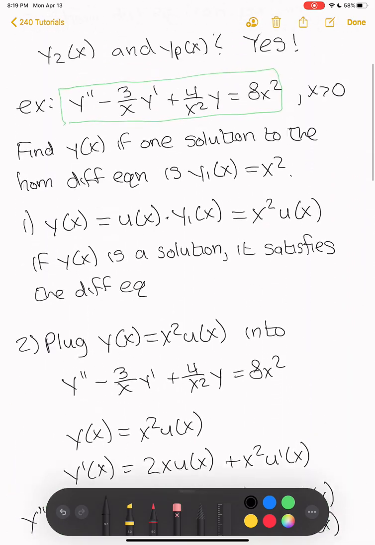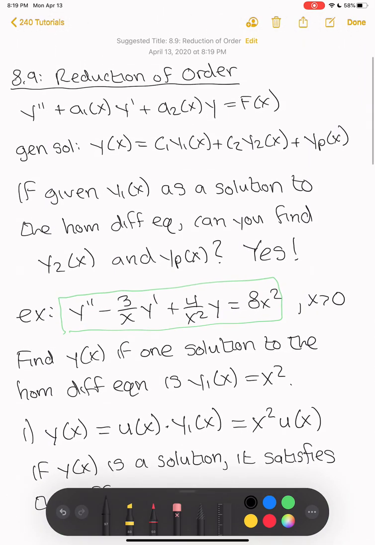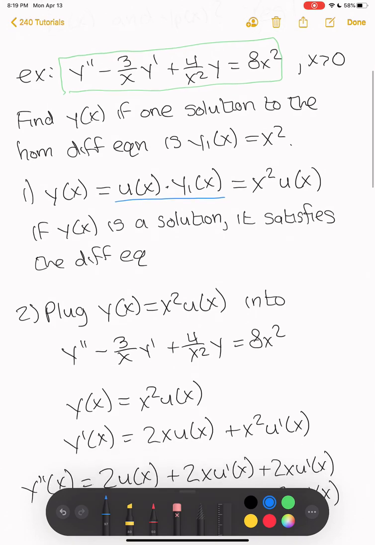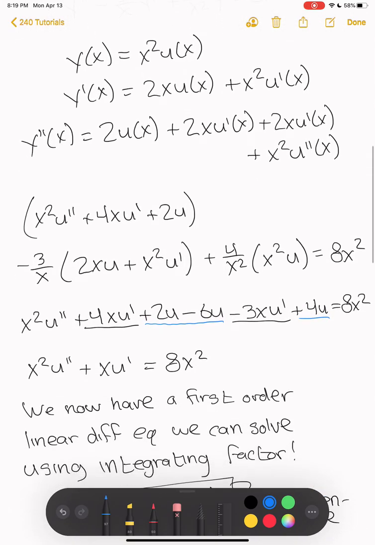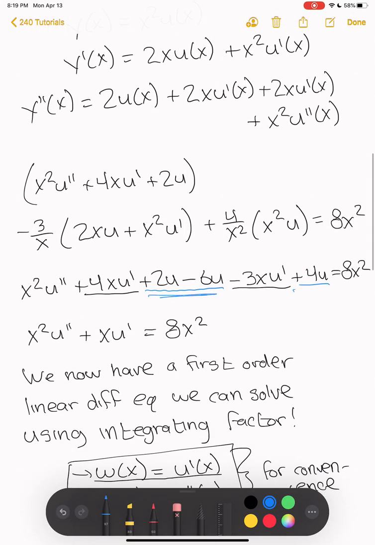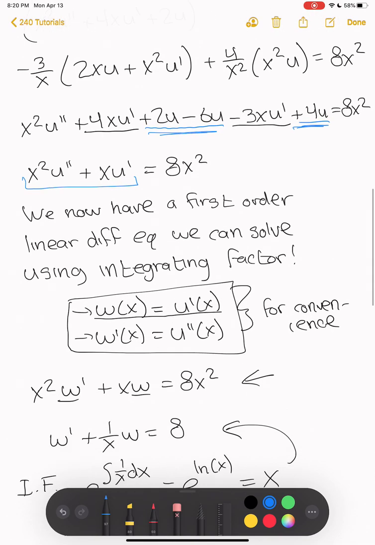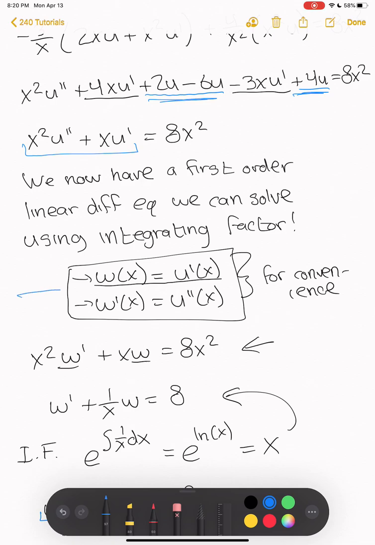So just as a little recap, the key here is defining this u of x times y1 of x. The thing you need to recognize is that your u's will cancel out, and so you have reduced your order. If you like to, you can make the substitution.